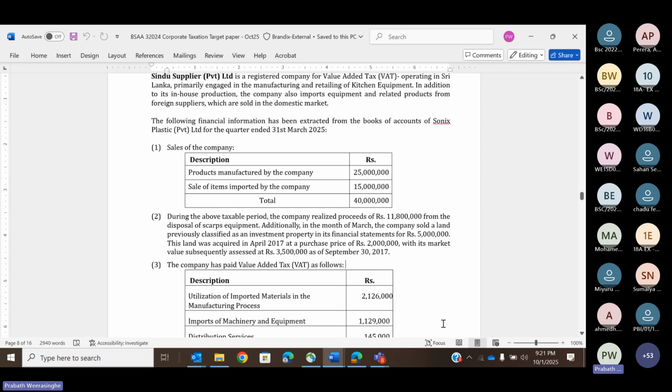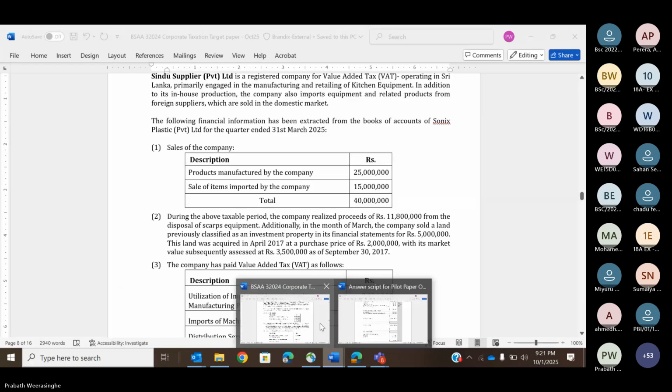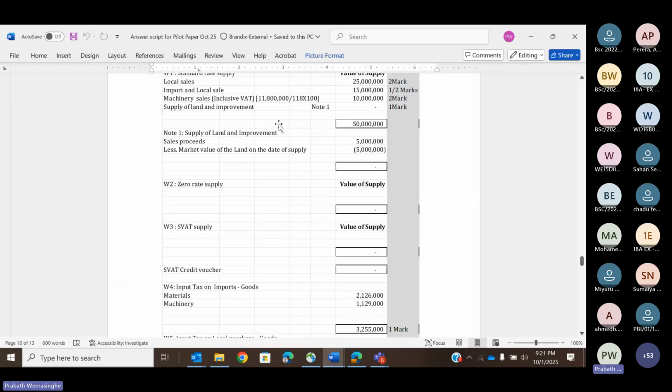Sales proceeds minus market value of the land, because in the case of only land, there is no value of supply coming here. But for machinery, the total amount received counts.